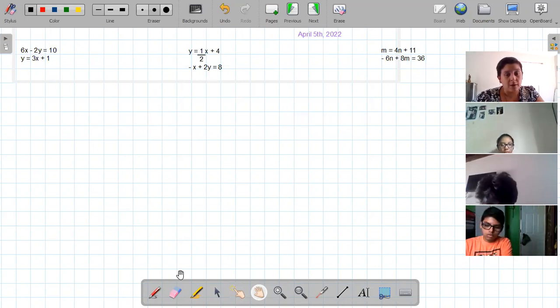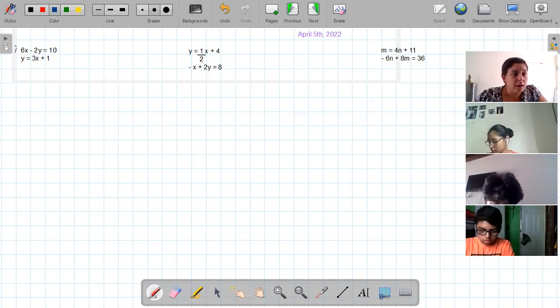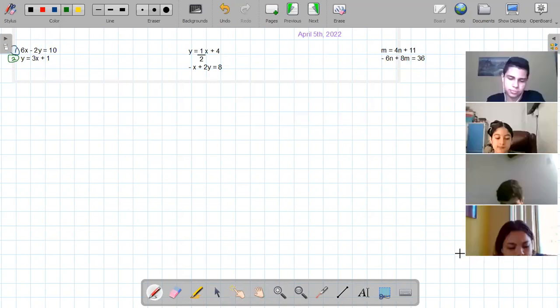Okay, so let's begin. Remember, the first thing is to call an equation equation 1 and an equation 2. Then we need to find a substitution. In other words, we need to find an equation where it's easier to leave one variable completely alone and positive on one side. Sometimes, like in this case, it's already given. We see equation number 2 has already the y completely alone on one side and positive.